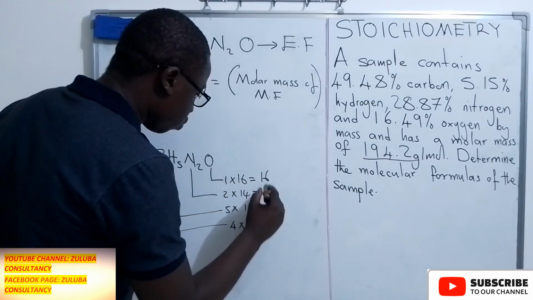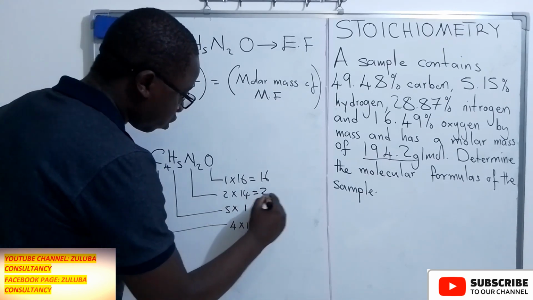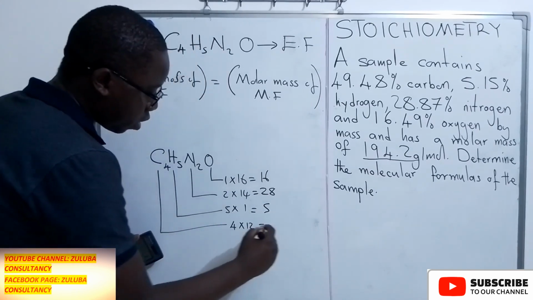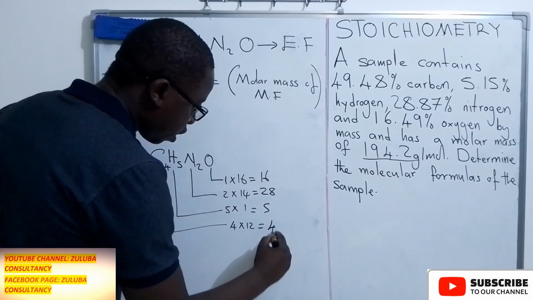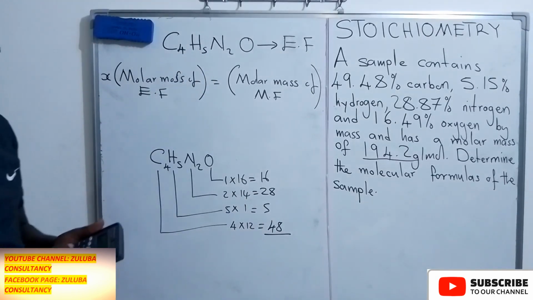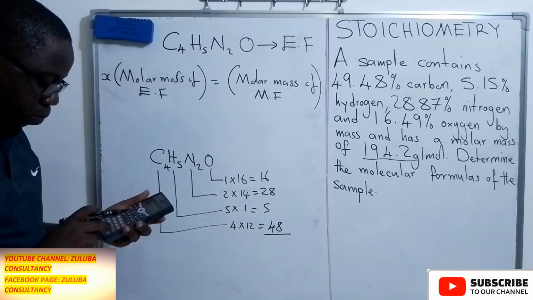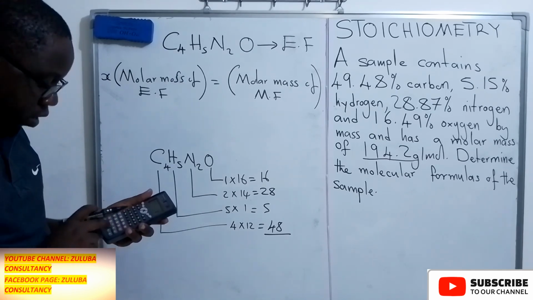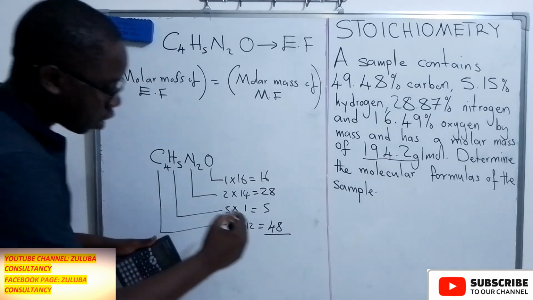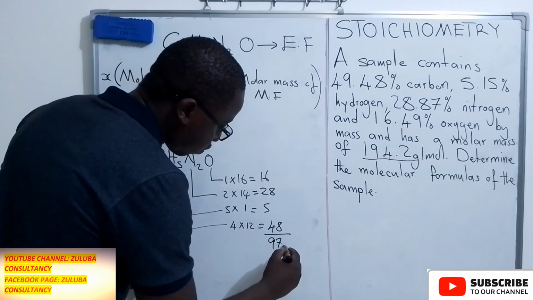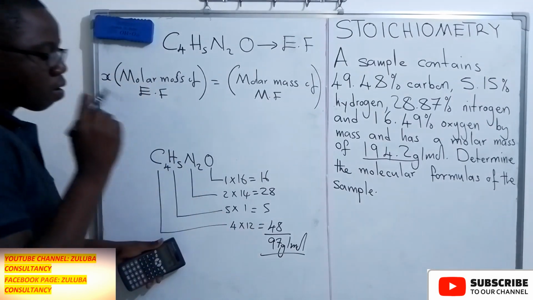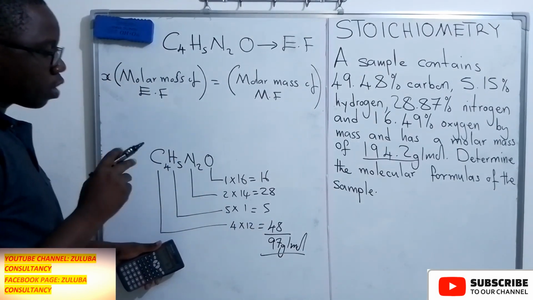For N, 2 times 14 is 28. For H it is 5. For C it is 48. So we can calculate the total: 48 plus 5 plus 28 plus 16 gives us 97 grams per mole. This is the molar mass of the empirical formula.